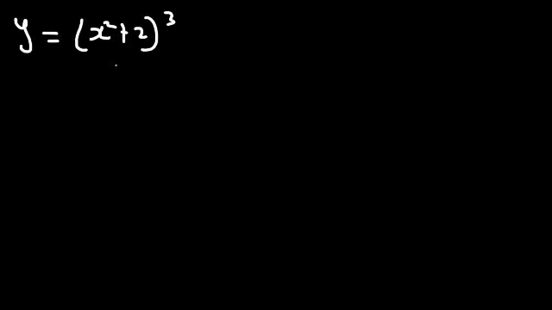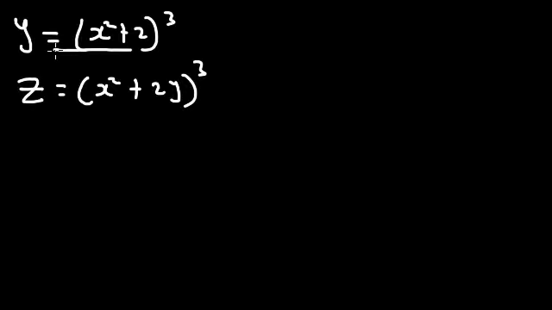But in the class of multivariate function, an example of a function is z, because we use z this time around, because z would be in terms of x and y. Z is equal to x squared plus 2y all to the power of 3. So this is a function of a function in relation to a univariate function, and this is a function of a function in relation to multivariate function.